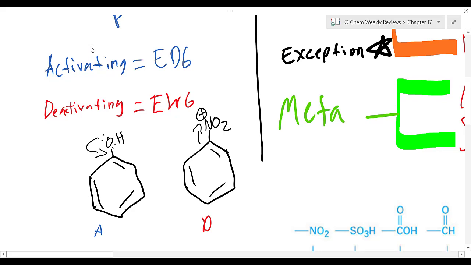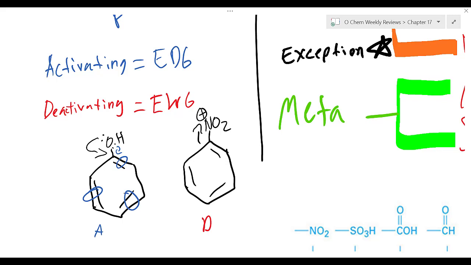The term activator comes from the lone pairs on this oxygen participating in the resonance system of these double bonds. Remember, if a molecule is aromatic, that means it has a fully conjugated system across the entire ring.